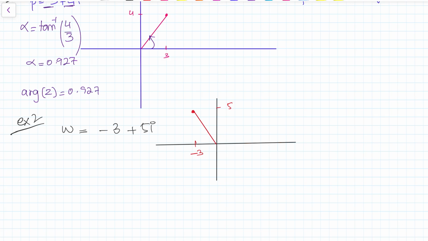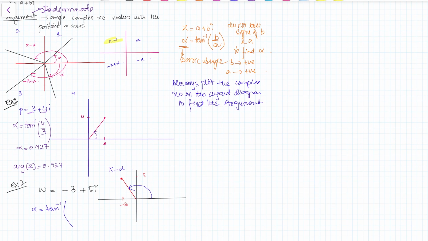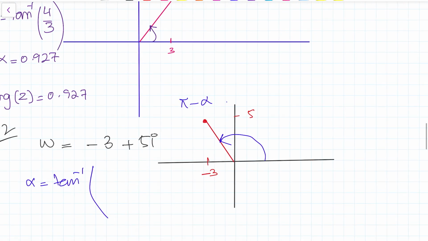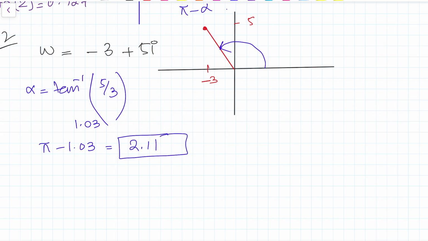So I can clearly see that this is the argument, which is pi minus alpha. And how do I know that it's pi minus alpha? Because it's in the second quadrant, and the second quadrant formula is this. Finding out alpha means tan inverse 5 upon 3, which is 1.03. So the argument is 2.11.